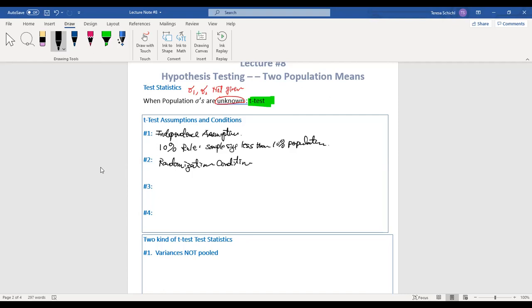For example, say you want to see how people participate in school events. Then I want to randomly pick the people.